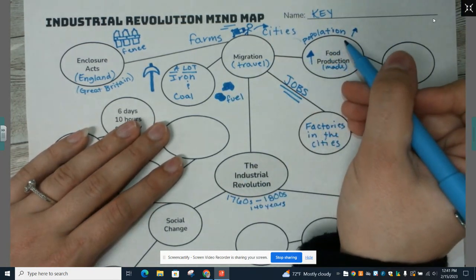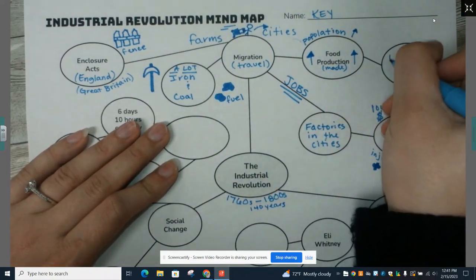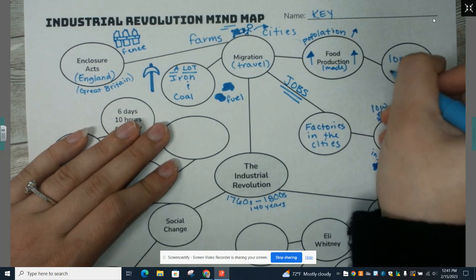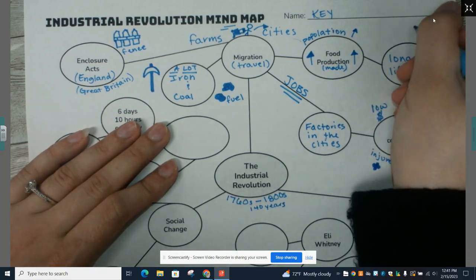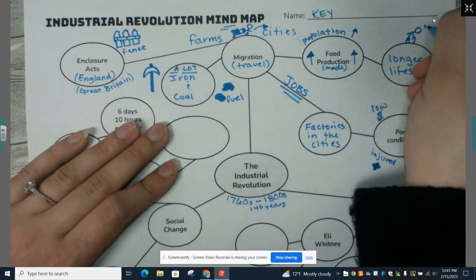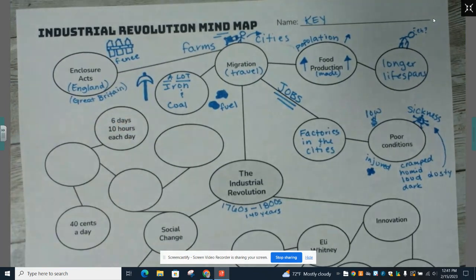And if people are eating, then that means they're able to live. And that also means people are able to live longer lifespans. They're able to grow old. So let's draw like this old dude right here. He's going to go here. Okay.